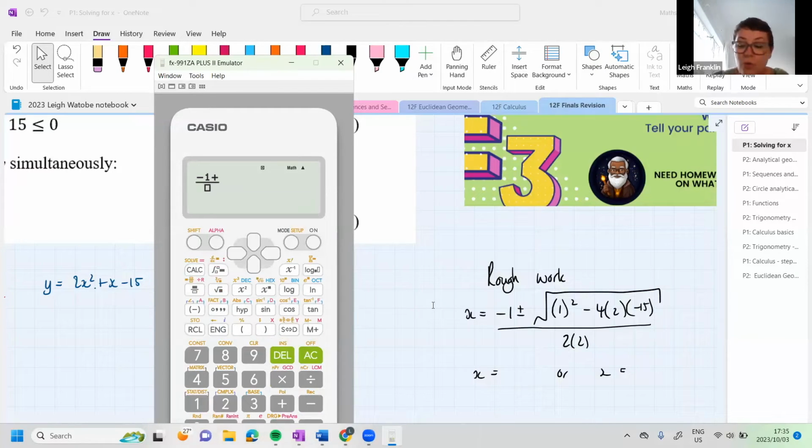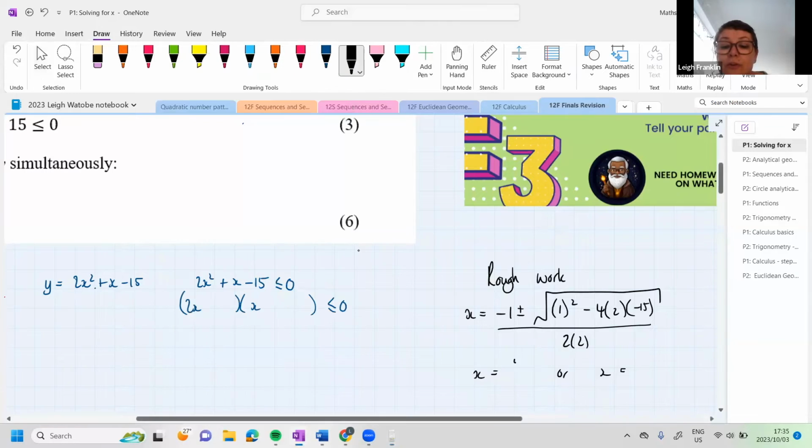Then you've got your root, and inside your root, you've got 1 squared minus 4 times 2 times -15. And then at the bottom, you've got 2 times 2. So you've got 5 over 2, right?